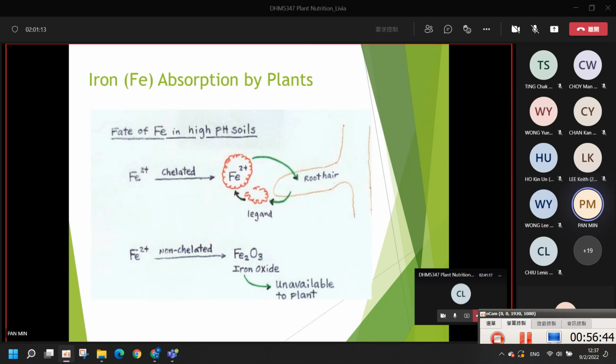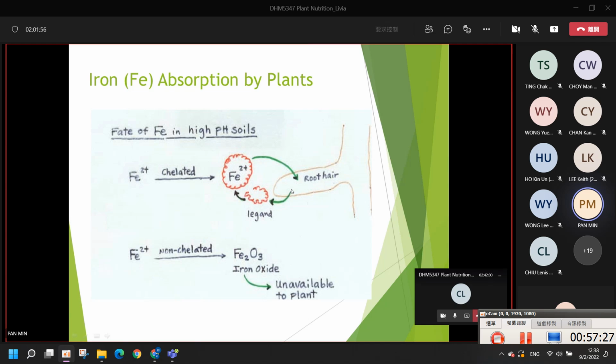Why we need to select different chelation at different pH. Here you can see that if the iron has a chelation with EDDHA, in high soil pH the available iron is chelated so it can easily be carried to the root surface and absorbed by the root hair.